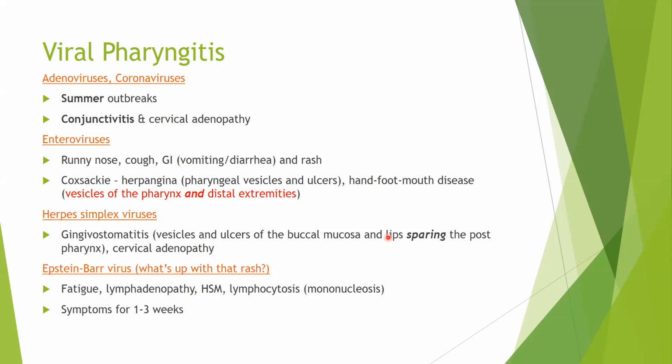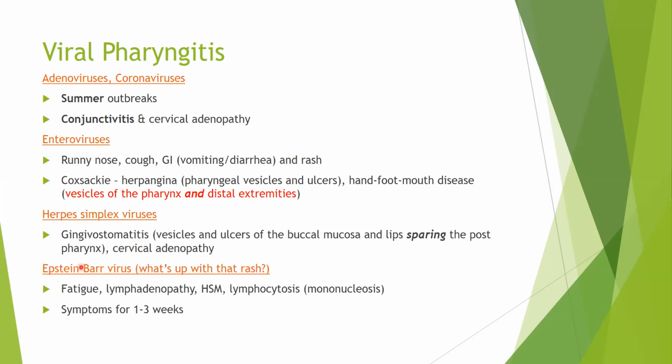They're going to spare the posterior pharynx, but they may have cervical adenopathy. So those are two differentiating characteristics between the HSV and Coxsackie. Coxsackie is going to be on the posterior pharynx, HSV will not. Coxsackie is going to have involvement of the hands and foot, whereas HSV will not.